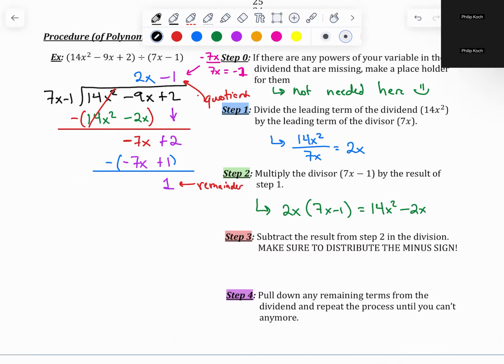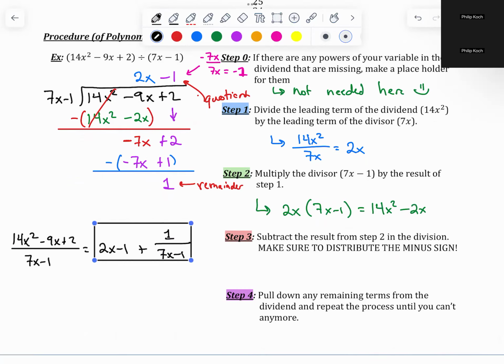So the division algorithm says that the dividend, 14x squared minus 9x plus 2 divided by 7x minus 1 is equal to our quotient, 2x minus 1, plus our remainder divided by our divisor. Any questions on that?